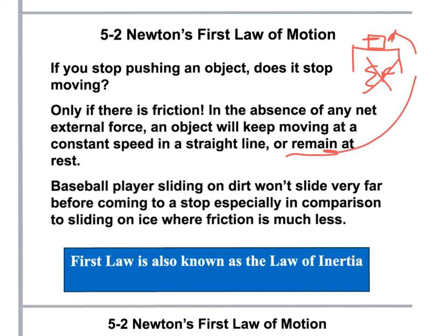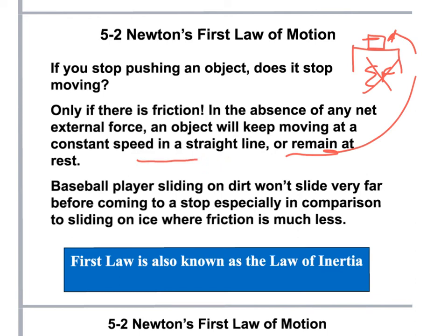But then an object moving at constant speed in a straight line. Again, think of it in terms of throwing the baseball. You threw the baseball, and in the picture that we saw, gravity pulled it down. But we're saying in the absence of any external force. So gravity is a force.